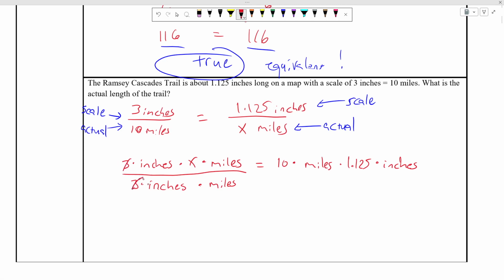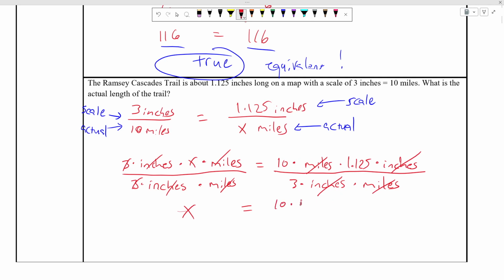I want to leave behind the x. So if I do all this, these cancel, and I'm left behind an x. That's exactly what I want, but I've got to do it to both sides here. Don't forget. So 3 times inches times miles. I've got a miles up here and a miles up here, I can cancel those. Inches here, I can cancel those. Numbers are left behind here.